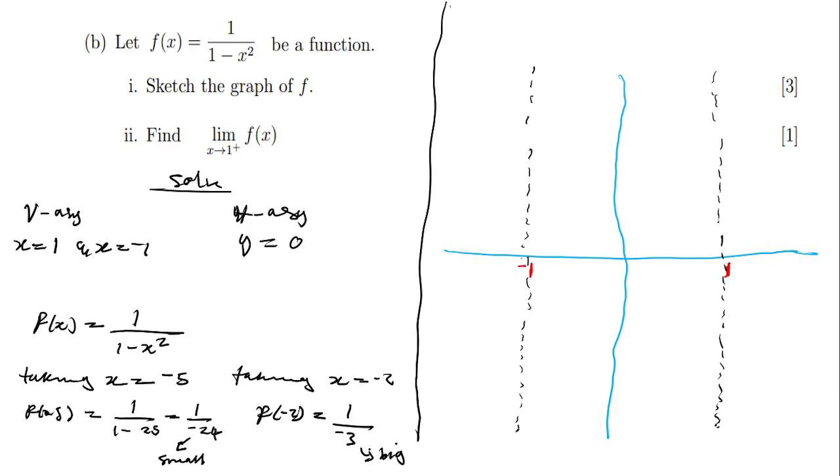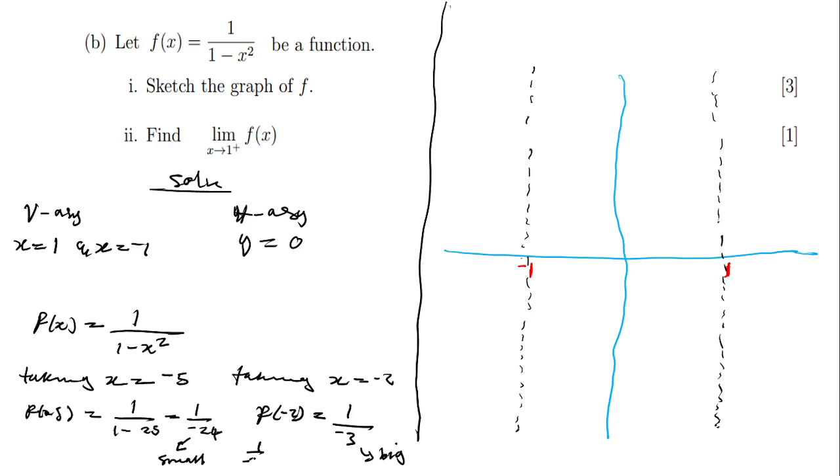But because it's negative, 1 over -24 is greater than 1 over -3. So the graph here will simply behave in that particular way.